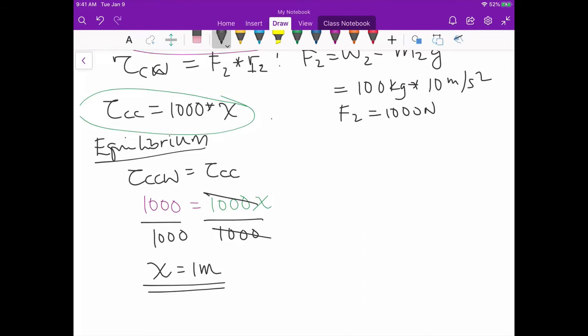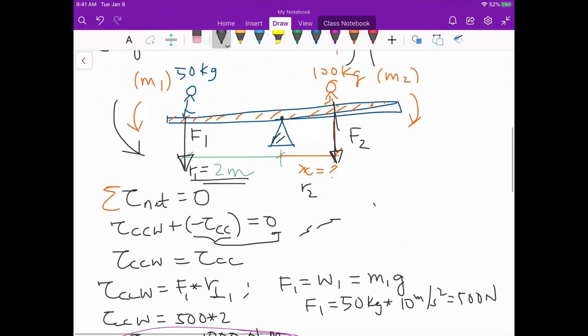So if you look at here, intuitively, when you played seesaw, what you would notice is that the lighter person has to be seated further from the fulcrum if he's trying to play with a heavier person. So if you are a heavier person playing with somebody lighter than you, then what would you do?